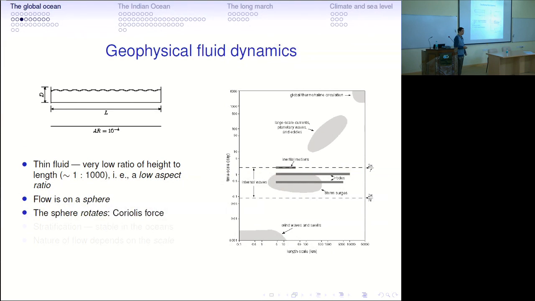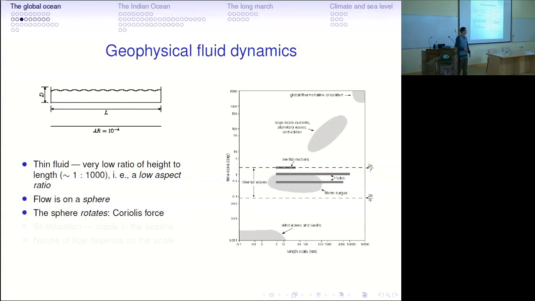So this forces you to look at a non-inertial frame of reference, and the force that comes in, the pseudo force, is the Coriolis acceleration. It turns out that for flows whose time scale is longer than the time taken by the Earth to rotate on its axis, the Coriolis acceleration dominates the momentum balance.